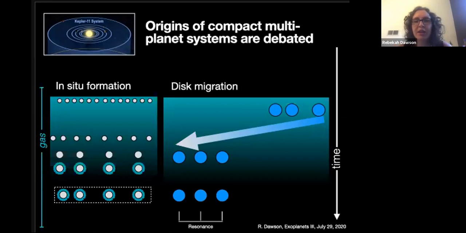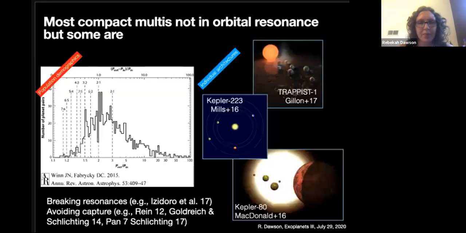First, we're going to take a look at orbital resonances again. On the left, I'm showing a histogram of orbital period ratios of Kepler planets. You can see that this is a very wide distribution. Not all the planets are piled up at resonances.